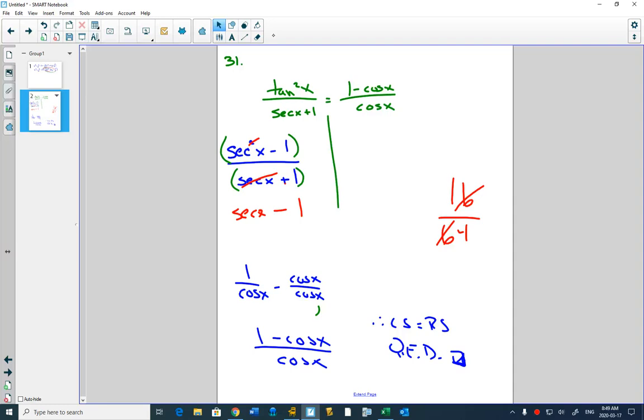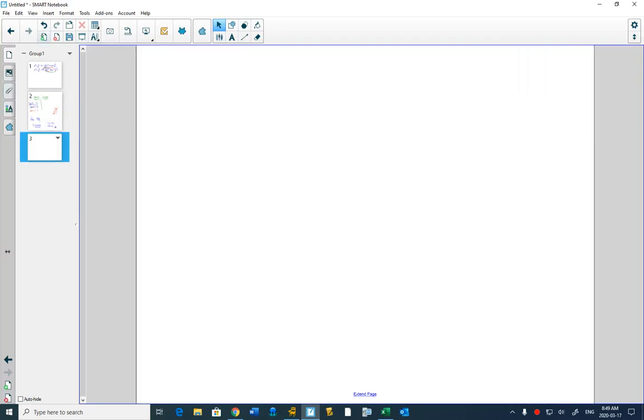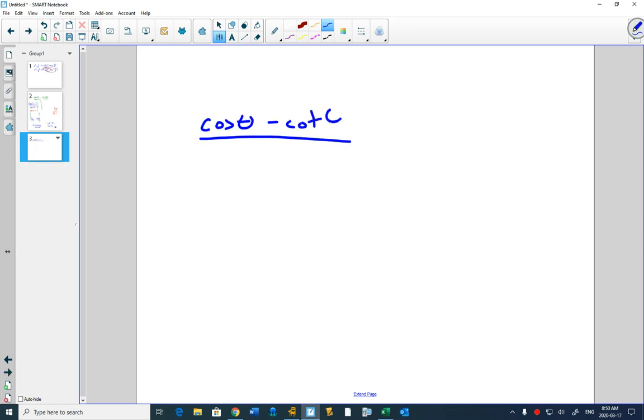Okay, so number 9 from the textbook, page 615. We have one fraction on this side: cos theta minus cotangent theta over 1 minus sine theta, and on this side, negative cotangent theta.